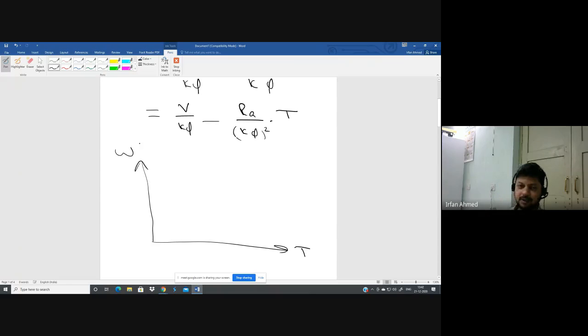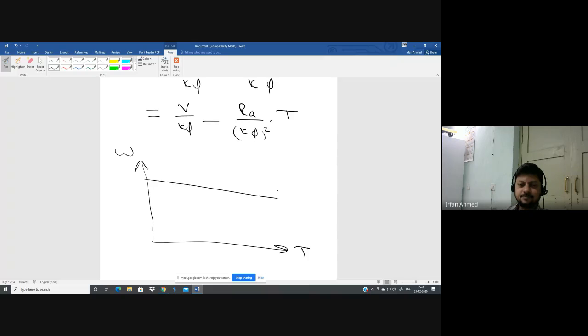So the speed torque characteristic. Again, we are starting with the DC shunt motor. So we have already seen that these are the speed torque characteristics of a DC shunt motor. Now I'm assuming here that this is at rated voltage, rated flux, and without any external resistance in the armature circuit.